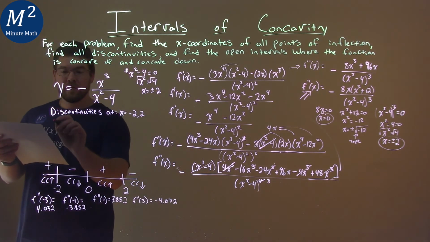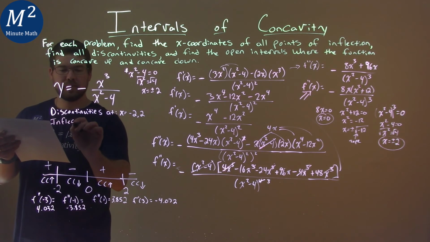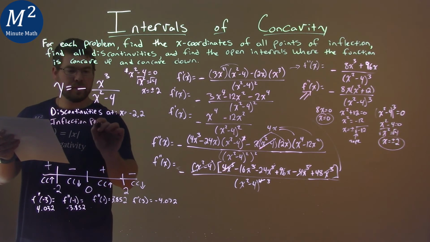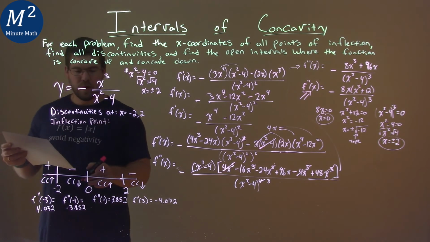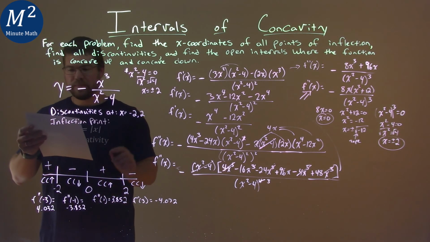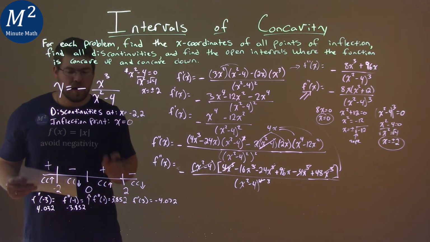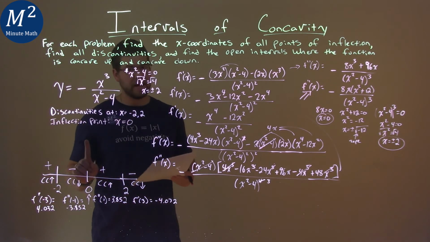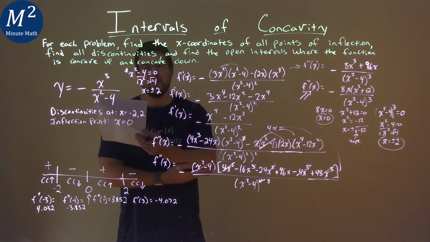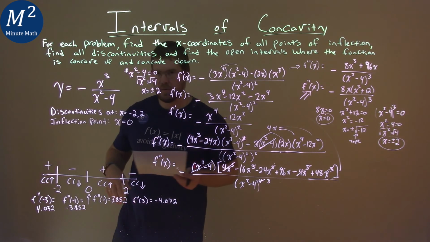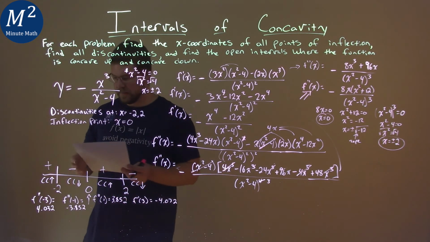The only inflection point we have is right there at 0, we change concavity. At x equals 0, right here. At -2 and +2, we change concavity, but it's not an inflection point because there are asymptotes there. We're discontinuous there, so we can't have a point of inflection there.